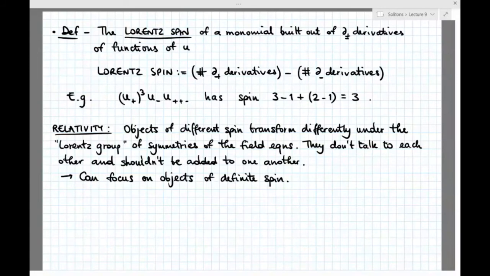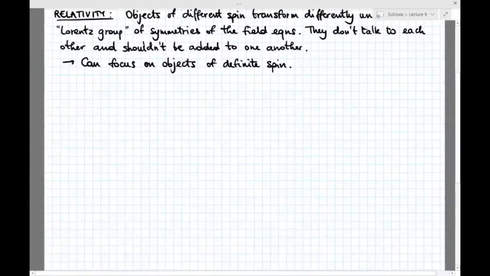Good. So next, we would like to rephrase the conserved charge density and the conserved current density in a way that makes more manifest the relation to relativity and their Lorentz spin. So what we'll do is the following.